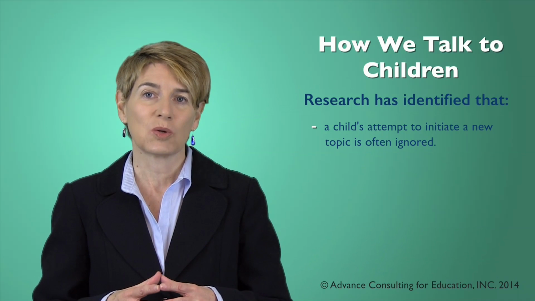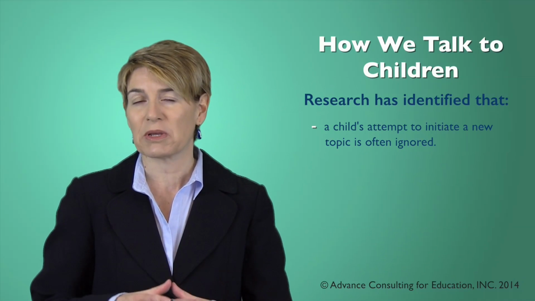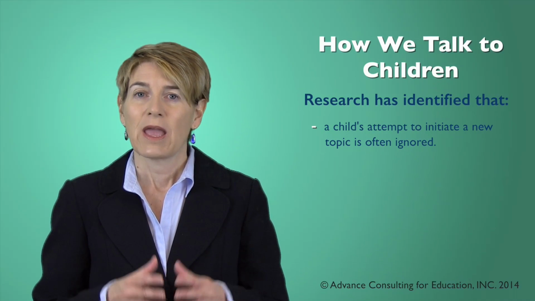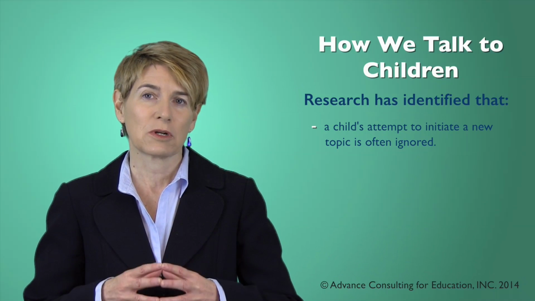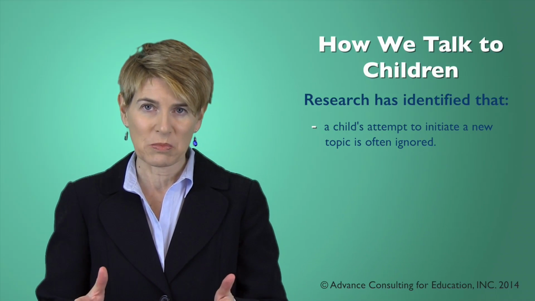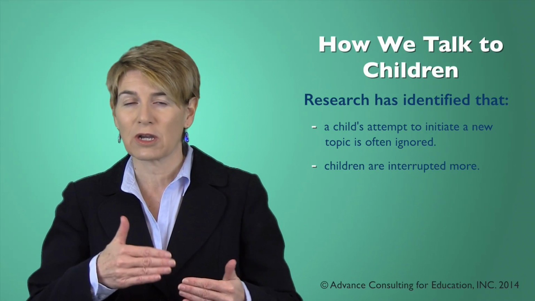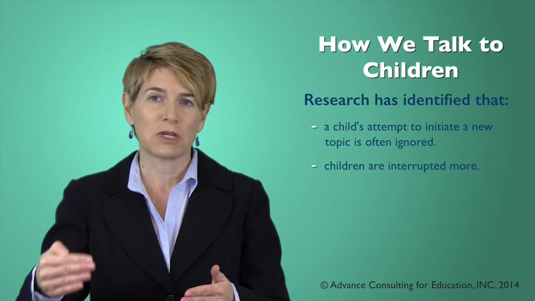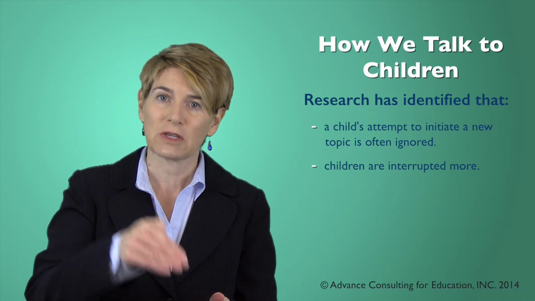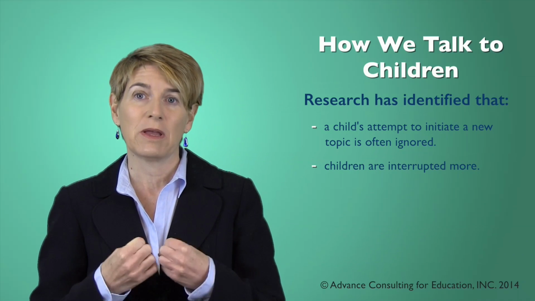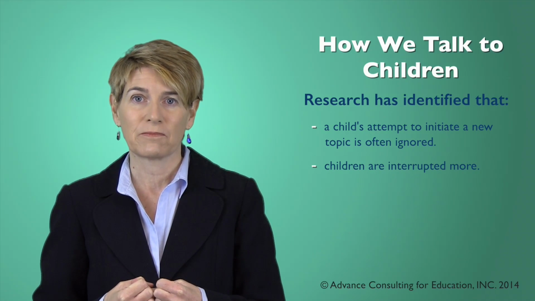They tend to get ignored. And likewise, if children are holding the floor with a group of people, they tend to get interrupted more. A child is talking and adults or teenagers or seniors find it acceptable to interrupt and take the floor from that child.